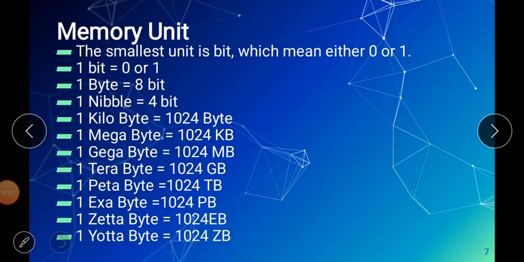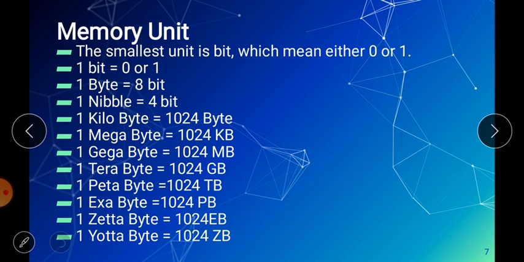Now moving ahead, in this slide you will study the memory units. Before starting with the memory units, let's revise some other units which you have studied earlier. If you want to weigh any solid thing, you have units like gram, milligram, kilogram, and for liquids you have liter and milliliter. For distance, meter, centimeter, kilometer, and so on.